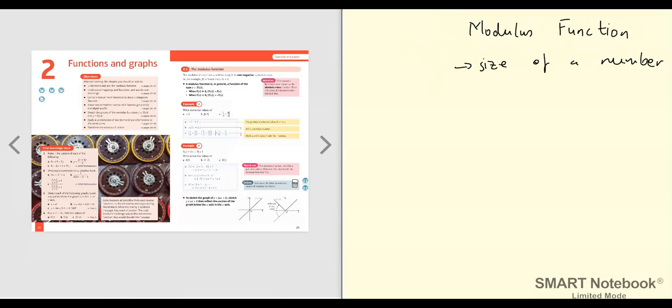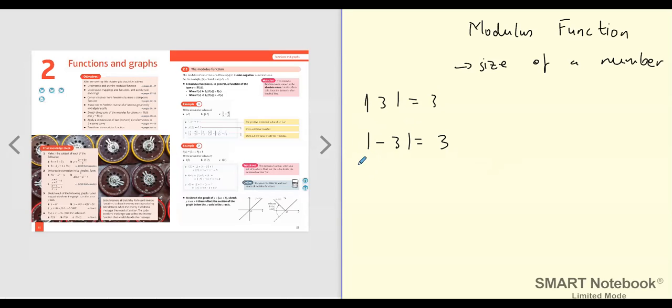Okay. Now, what does that mean? So, for example, if we have size of 3, that is 3. If we have the size of -3, well, that is still the length. Essentially, what it's saying is the length is 3.